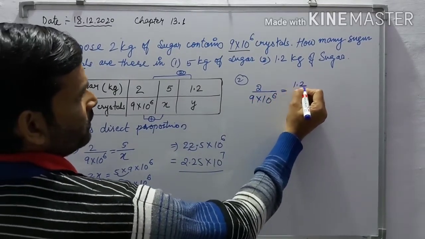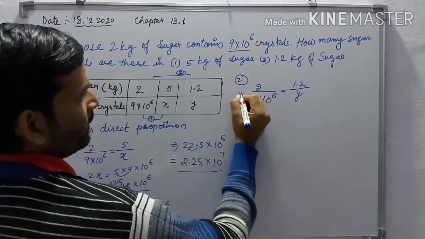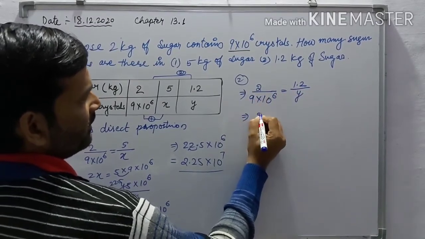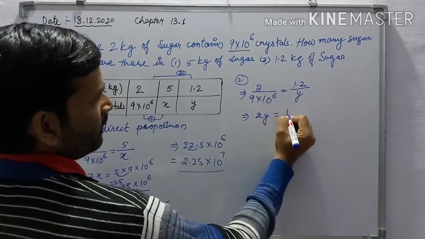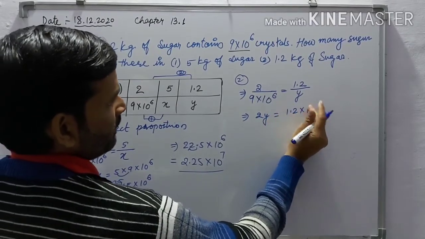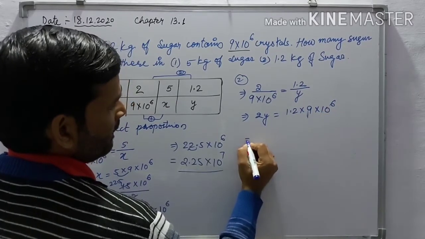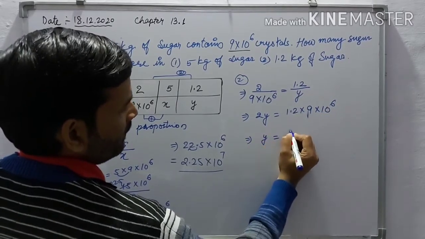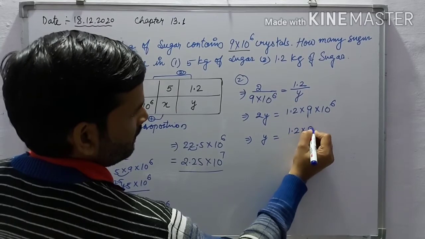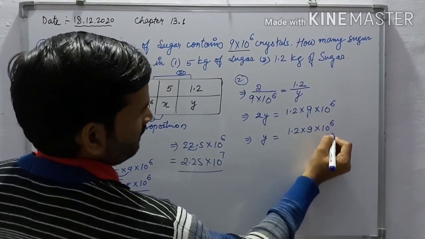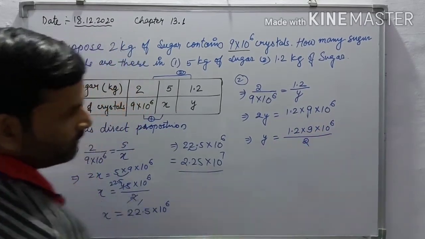Okay, now the second question solution is again 2 upon 9 into 10 power 6 is equal to 1.2 upon y. After cross multiplication, 2y is equal to 1.2 into 9 into 10 power 6, and y is equal to 1.2 into 9 into 10 power 6 upon 2.